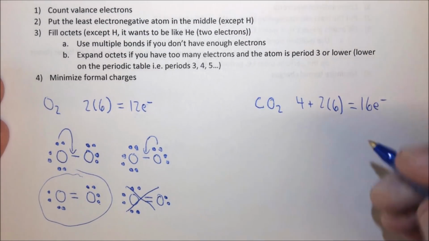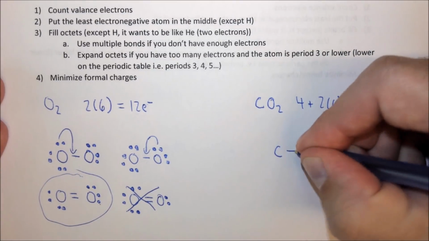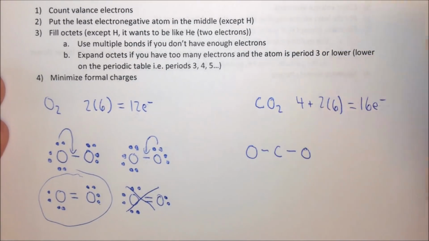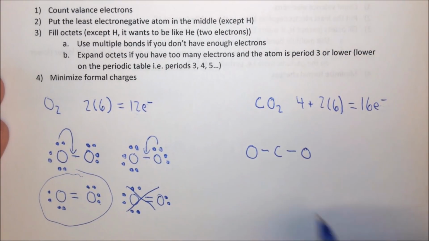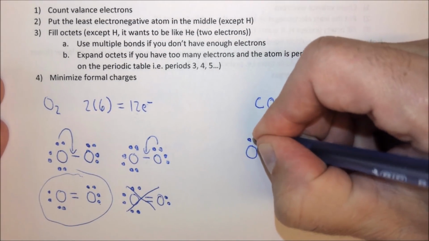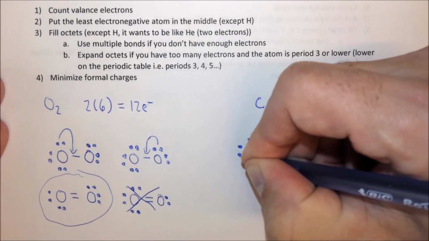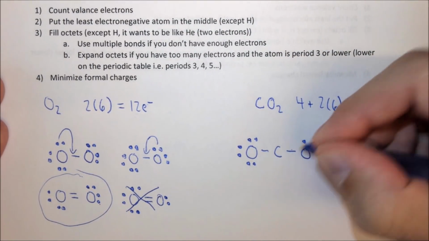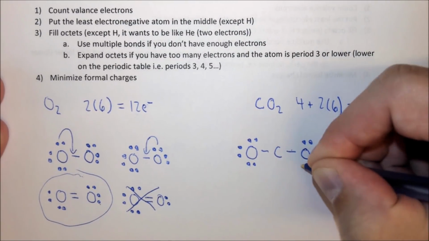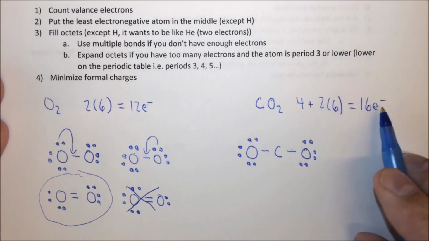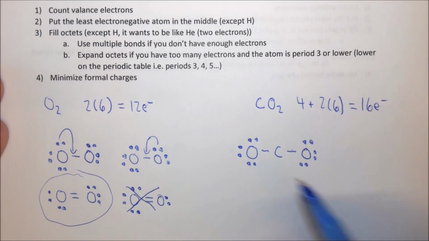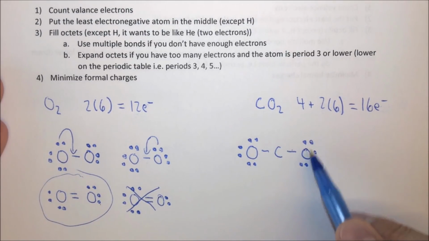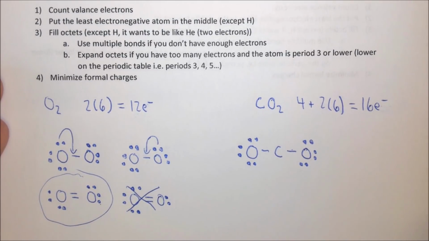So put the least electronegative atom in the middle, carbon, bond it to an oxygen, bond it to an oxygen, and I notice that if I fill the octet of both of the oxygens, I will have used 16 electrons, because 2, 4, 6, 8 and the other 2, 4, 6, 8, two 8s is 16. Again, if you want to just count them, 2, 4, 6, 8, 10, 12, 14, 16, that is a perfectly legitimate thing to do as well.